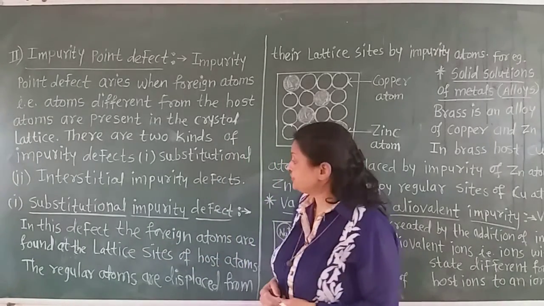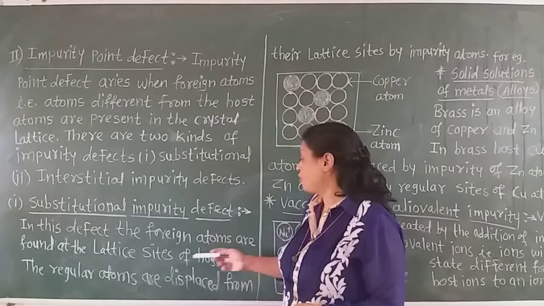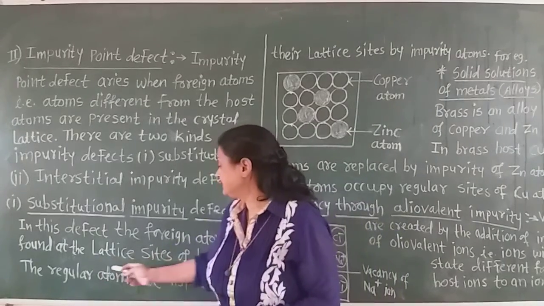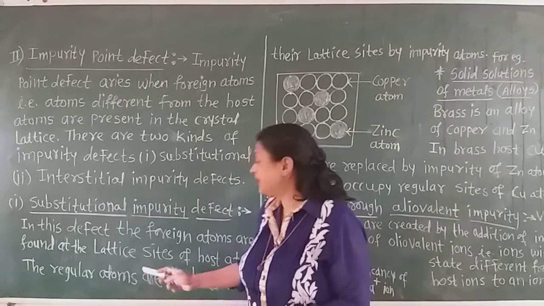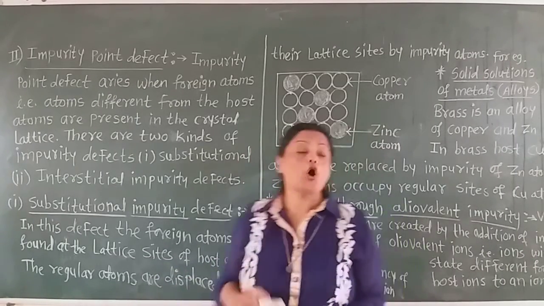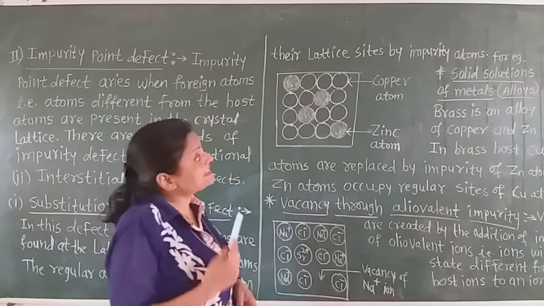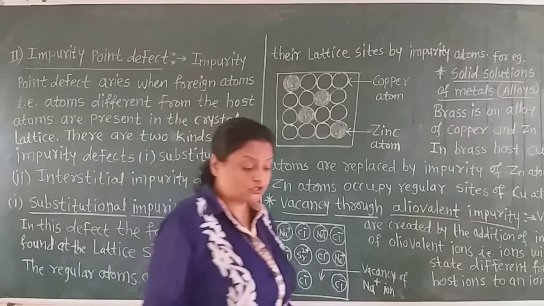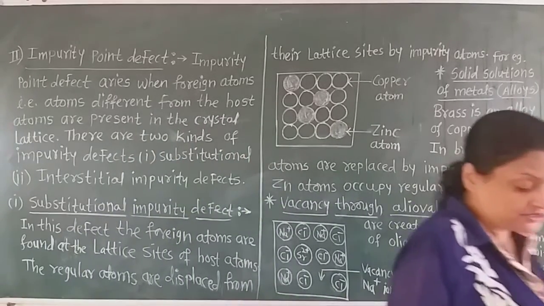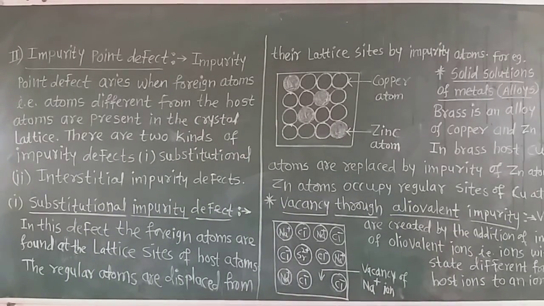In the substitutional impurity defect, the foreign atoms are found at the lattice sites of the host atoms. The regular host atoms are displaced from their lattice sites by impurity atoms.